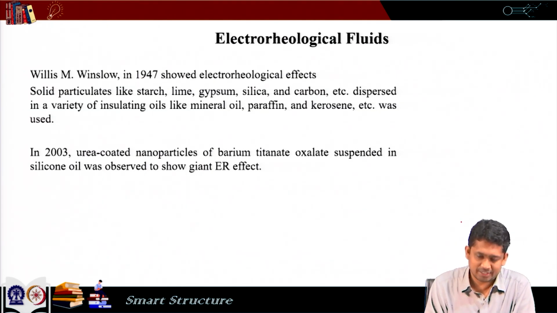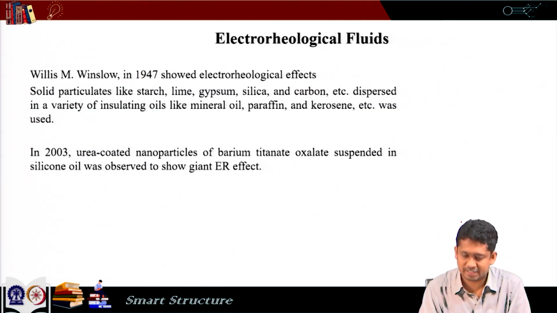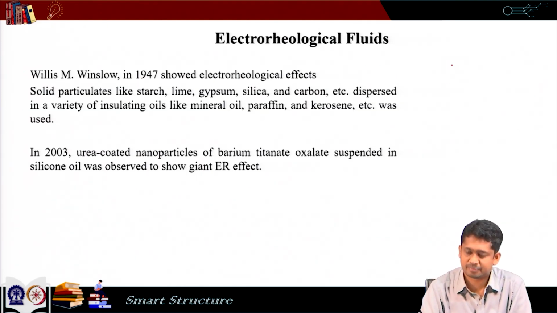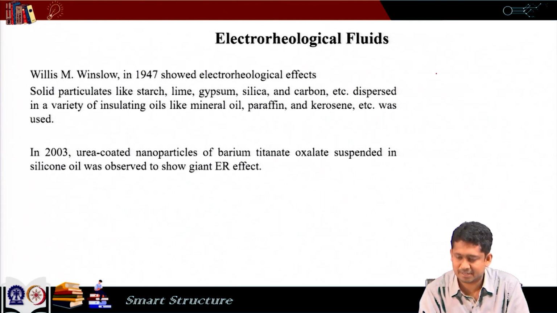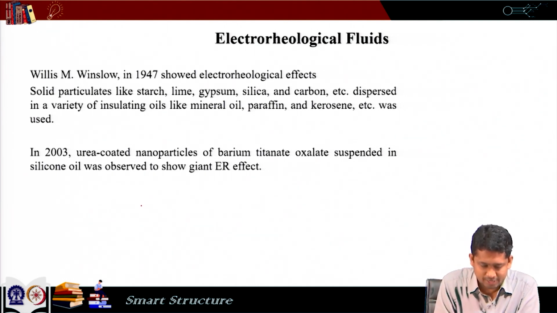Now, we will talk about electrorheological fluids. Electrorheological fluids have damping which can be controlled by electrical signals. So, in electrorheological fluids we have a fluid in which there are solid particles, and there are electrodes at the top and bottom.